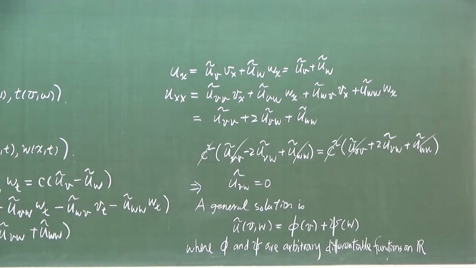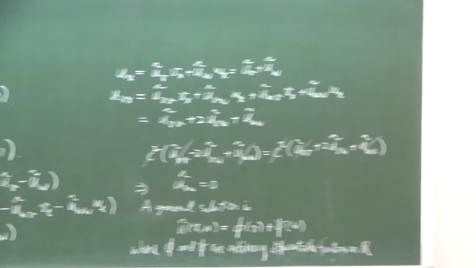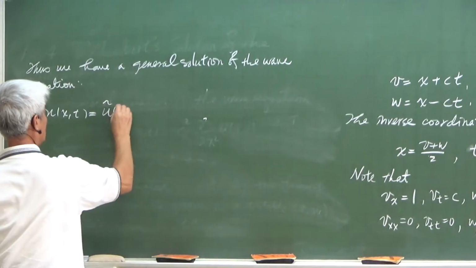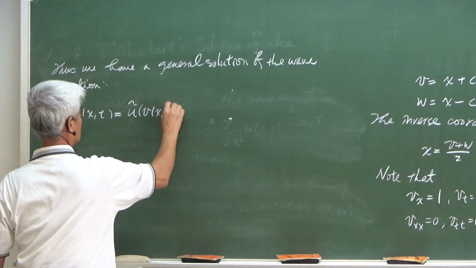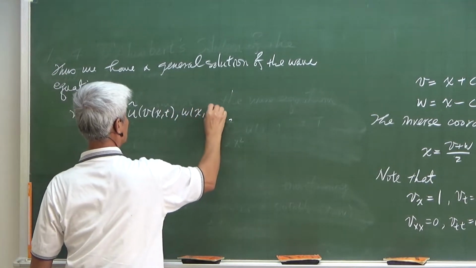So that we have a general solution of the wave equation u(x,t) is equal to u tilde (v(x,t), w(x,t)).